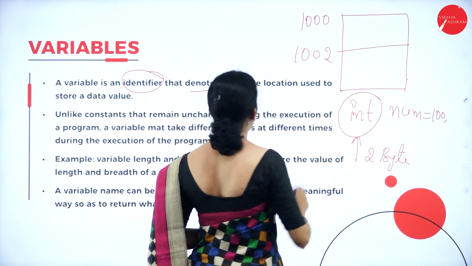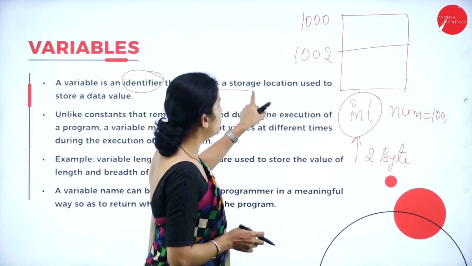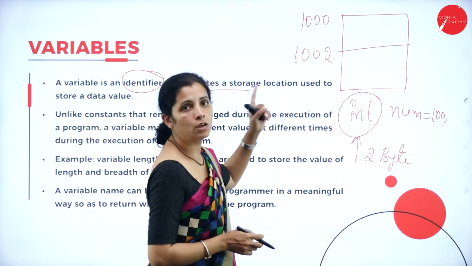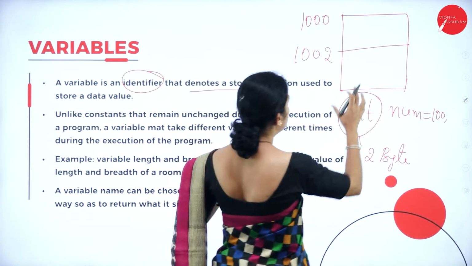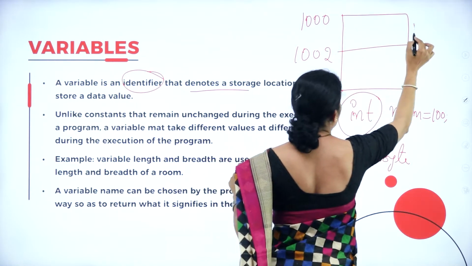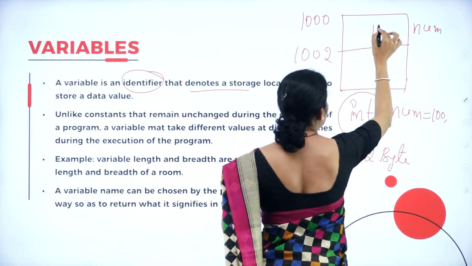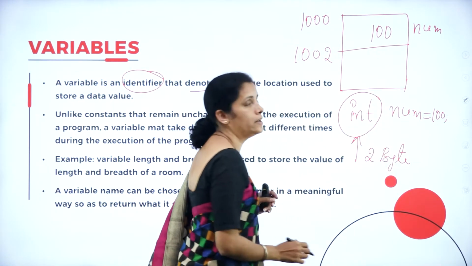Here variables are used to denote a memory or storage location. So, dear student, I'm going to give a name to this storage, for example, number, and I'm going to store the value 100.